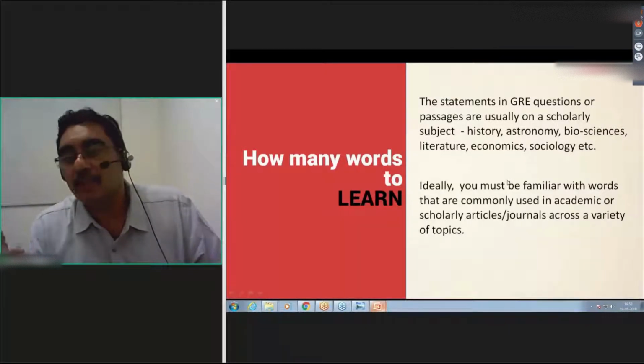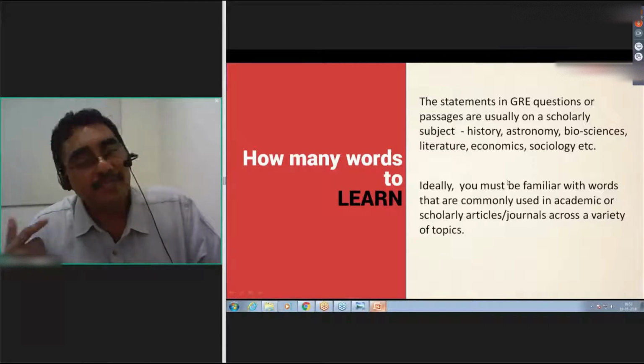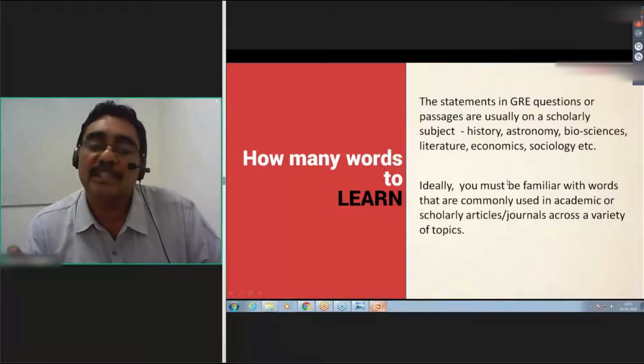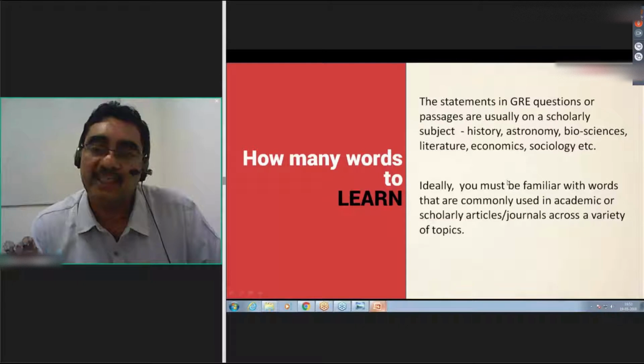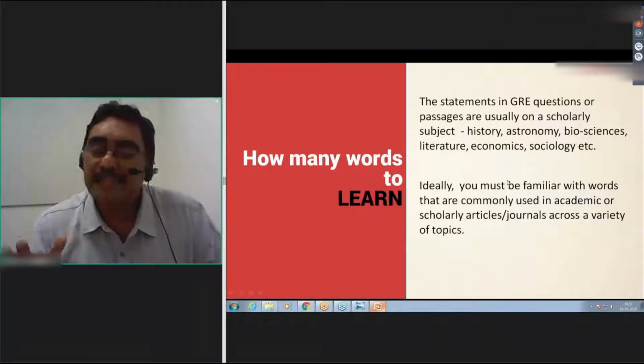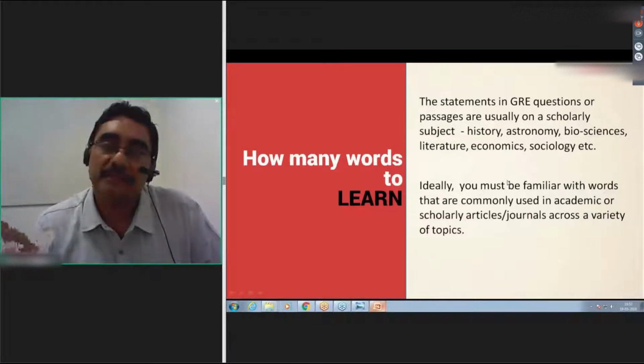That's the reason one of the best ways of developing both reading skills as well as vocabulary is to start reading scholarly articles, like the editorial sections of good newspapers, essays, and opinion pages in newspapers. That should be sufficient. You need not read literature, stories, novels. That's not needed.